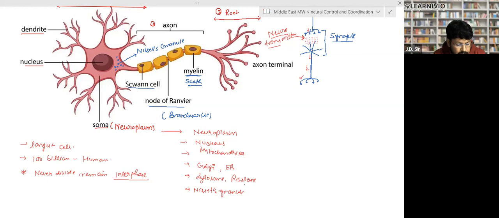So we were here at dendrites. Continue writing after that. First we wrote down cell body or soma.